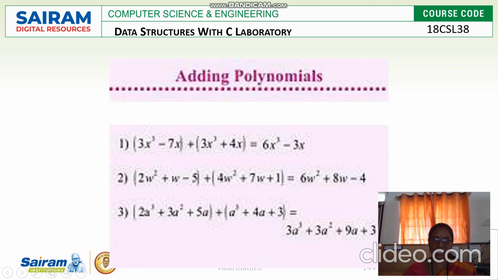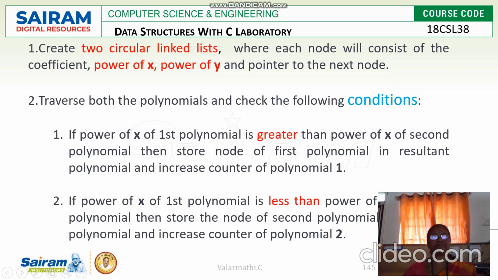Here 3x cube is added with 3x cube, so 3 plus 3, 6x cube. Then minus 7x plus 4x: the values are minus 7 plus 4, and when you add them, you get minus 3. So minus 3x is the final part. So 6x cube minus 3x is the answer for this addition. Likewise, all two polynomials are added together.